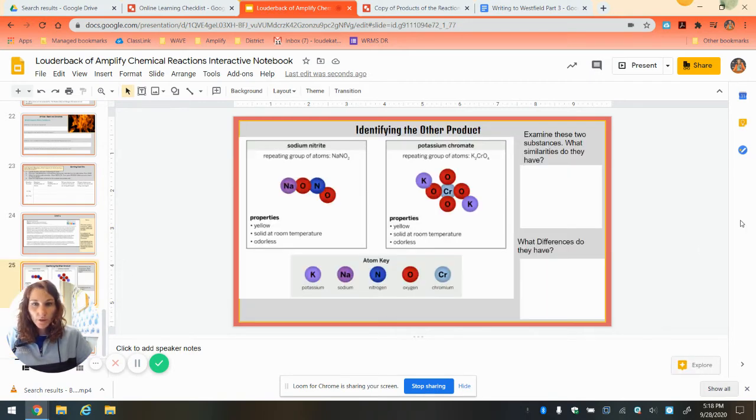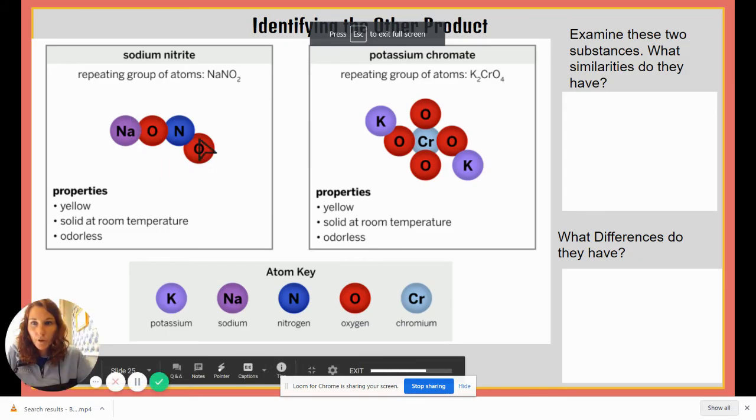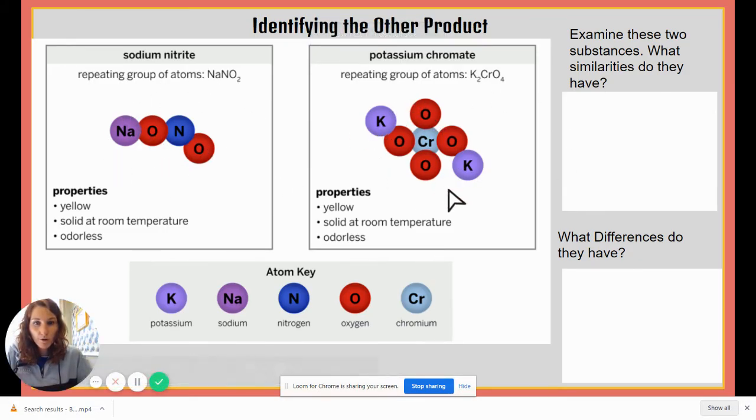Okay, slide 25. So here I have sodium nitrite present, and I have potassium chromate present. And I want to look at the atoms and think about what they have similar. So they're both made up of repeating groups of atoms.